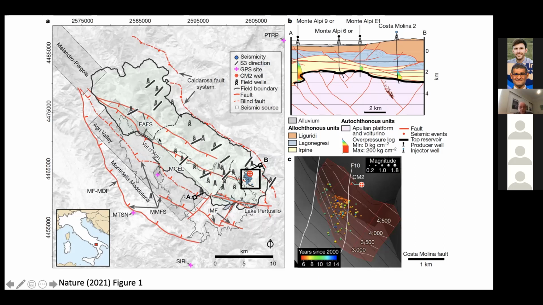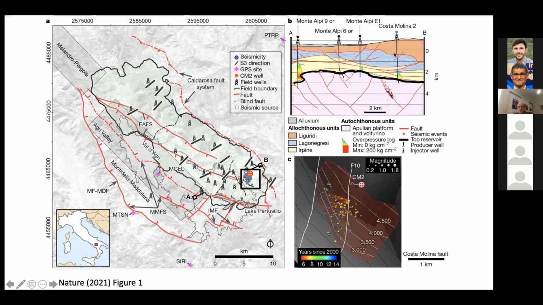For those of you that aren't familiar with the Valdorri oil field, I believe this is the largest on-land oil field in Western Europe. Of course, the North Sea fields are bigger, but it's a very important oil field for Italy. This is a cross section through here, which goes through the area of induced earthquakes.